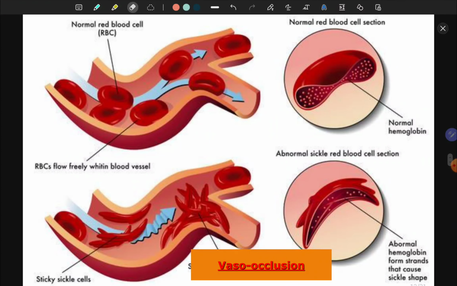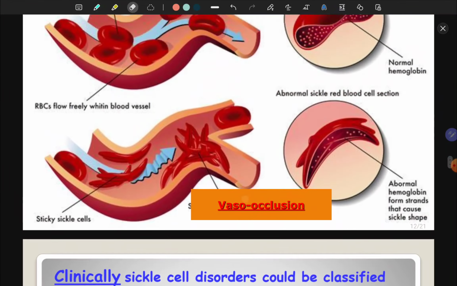Okay. So I'm explaining why a biconcave RBC would change to this form. This is because of the strand or the polymer inside it, because of the change of the glutamic acid to valine, because of the mutation at position 6 of the beta hemoglobin chain. This happens on deoxygenation.